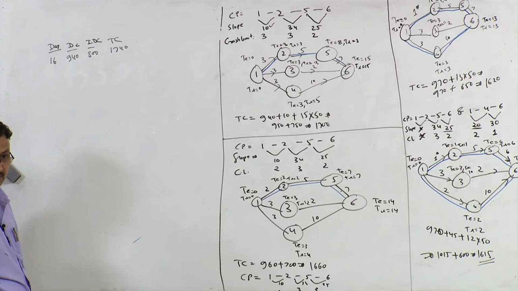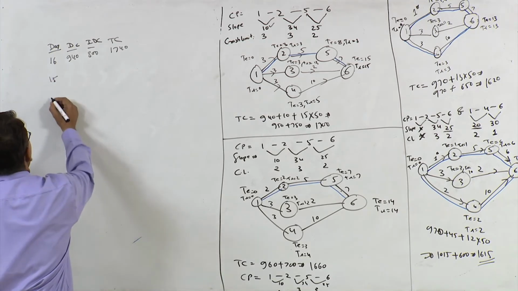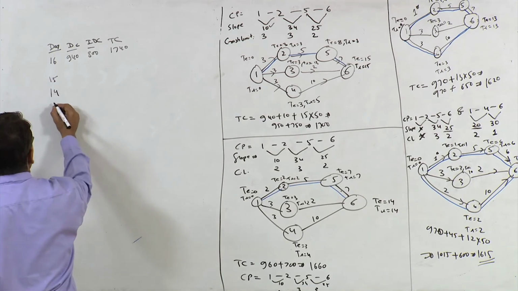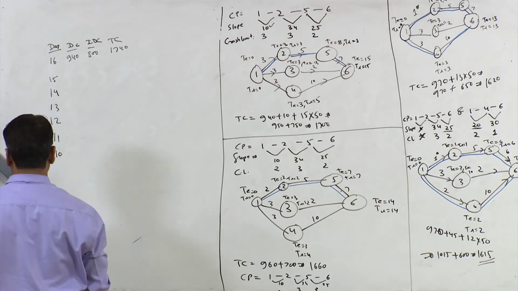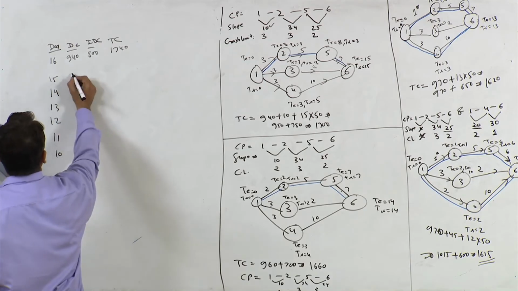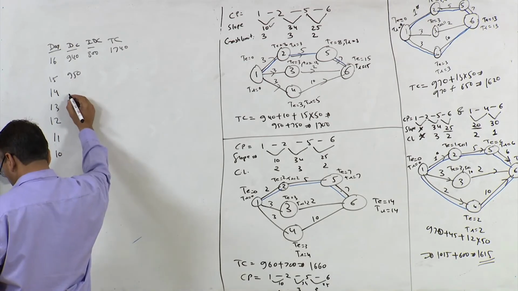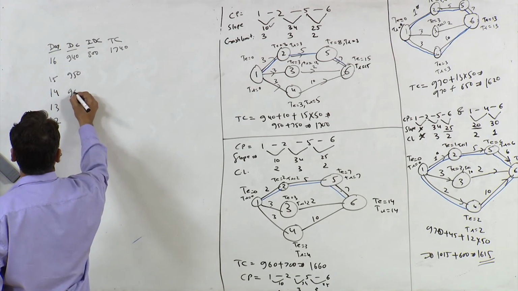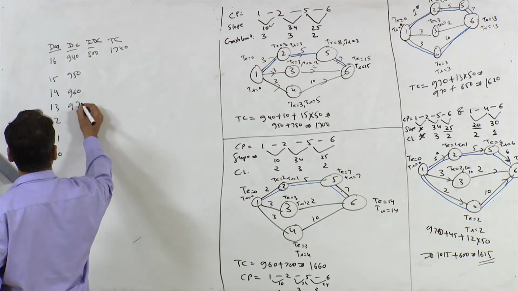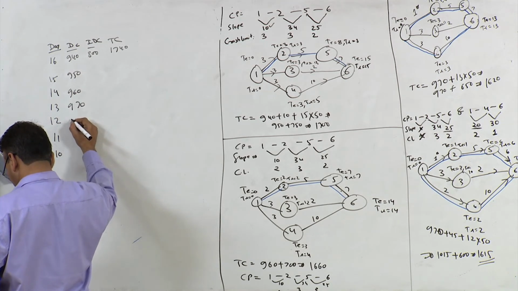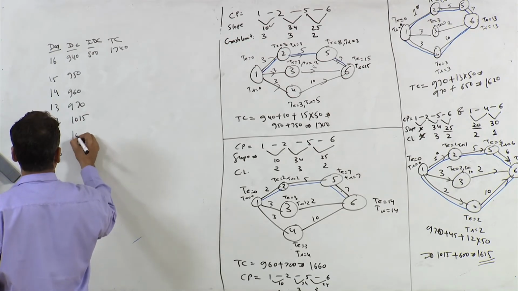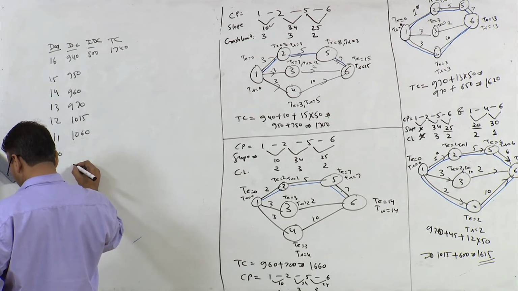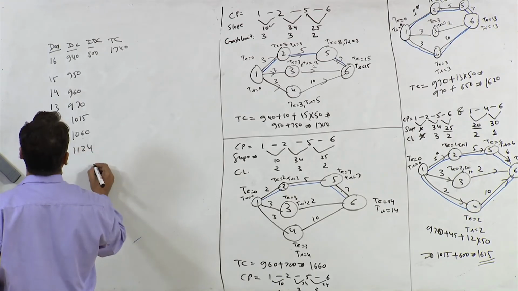When duration was 15 days, 14 days, 13 days, 12 days, 11 days, 10 days. So direct cost was 950, then it was 960, then 970, then 1015, 1060 and 1124.